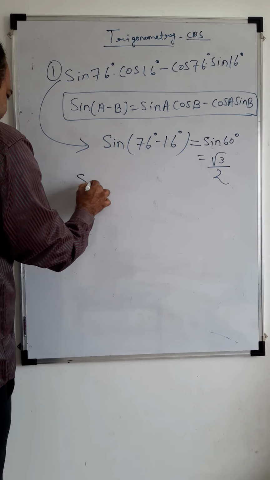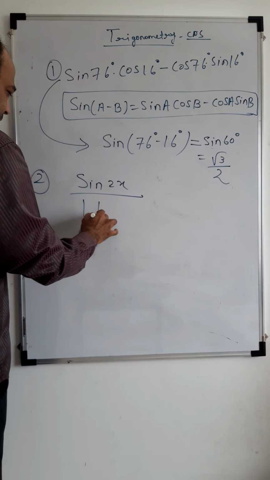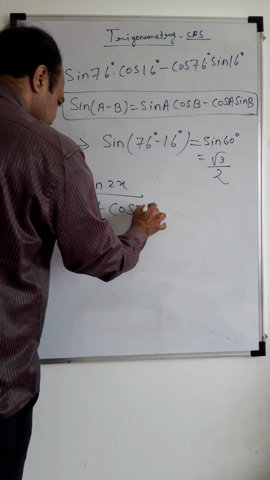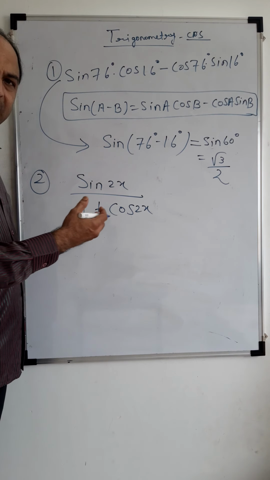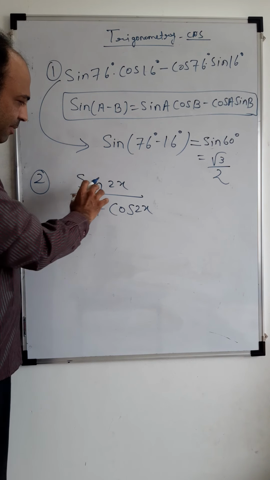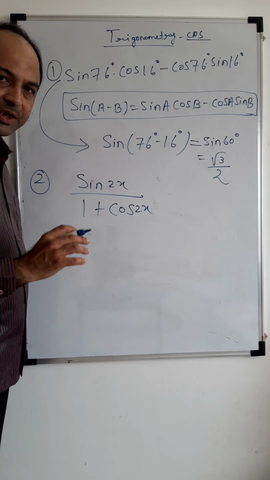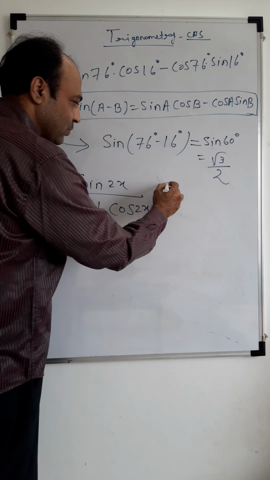Let's say I have sin 2x upon 1 plus cos 2x. We want the value of this. The options are sin x, cos x, tan x and so on. We know the formula of sin 2x, which is 2 sin x cos x. How it came, I have discussed in that video.